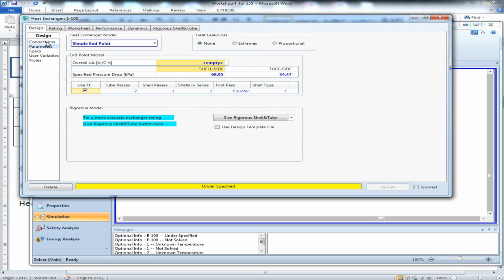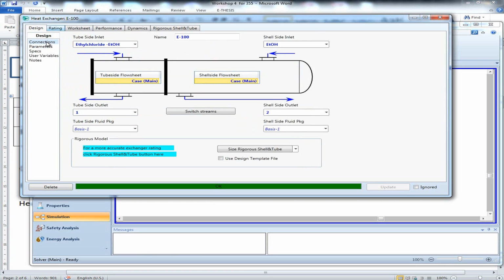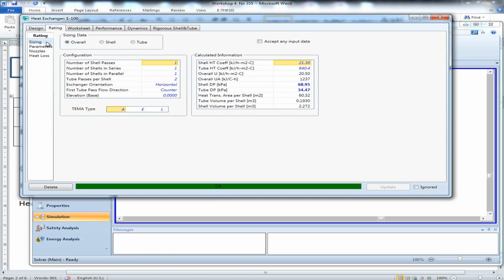Okay, in this case, the model of heat exchanger that we will use to simulate is steady state rating. So according to this, we go to the rating, and then we will work on this configuration.